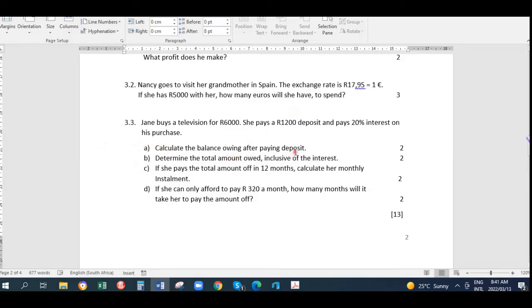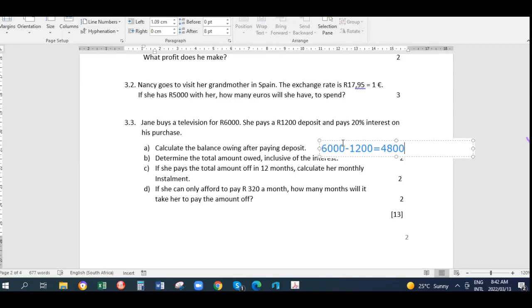So breaking down the question now to answer, it says calculate the balance owing after paying the deposit. So if you have 6,000 and you're paying a 1,200 deposit, it should be 6,000 that you owe minus 1,200, and that will give you 4,800.